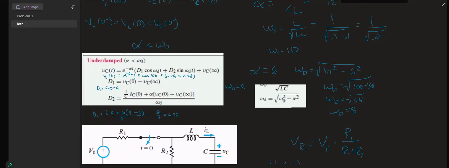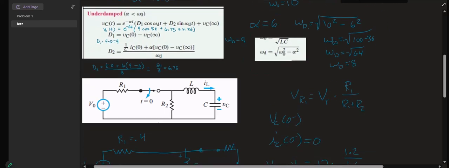I also realized I made a mistake when I said that IC of 0 was 0, because it was 0 at 0 minus. That's not what I needed to look at. I needed to look at IC of 0 plus. I lucked out, and it turned out to be right.